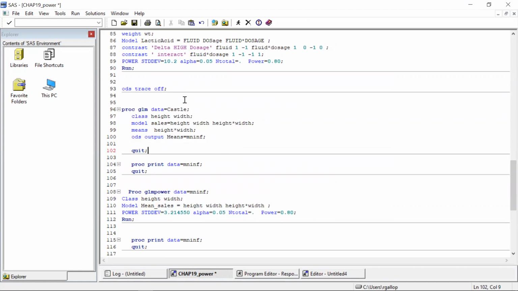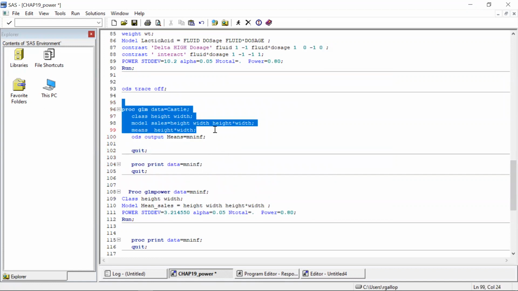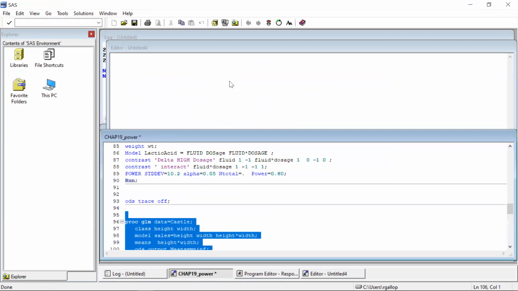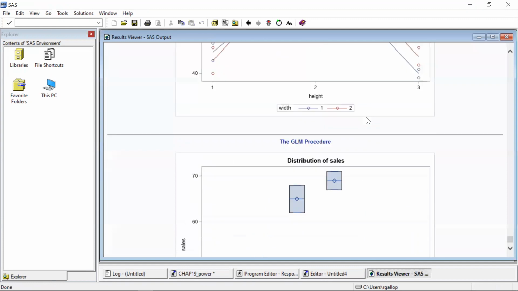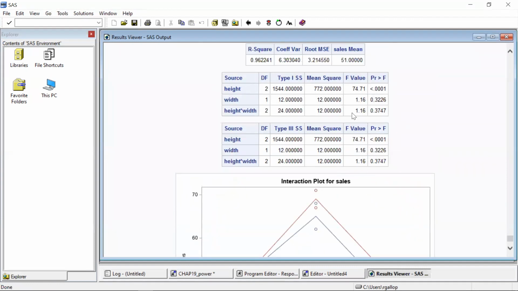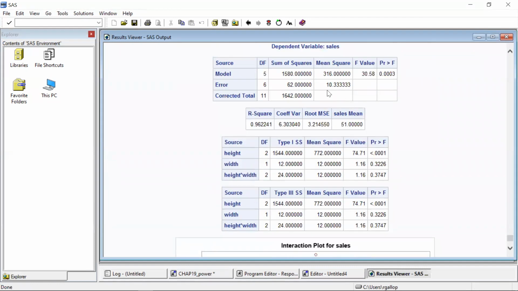It's on this problem. So again, as you can see, with the Castle data, I'm using the mean statement and sending that to an output file. So I can use the ODS to create an output file, right? Here is my mean squared error, my root MSE.